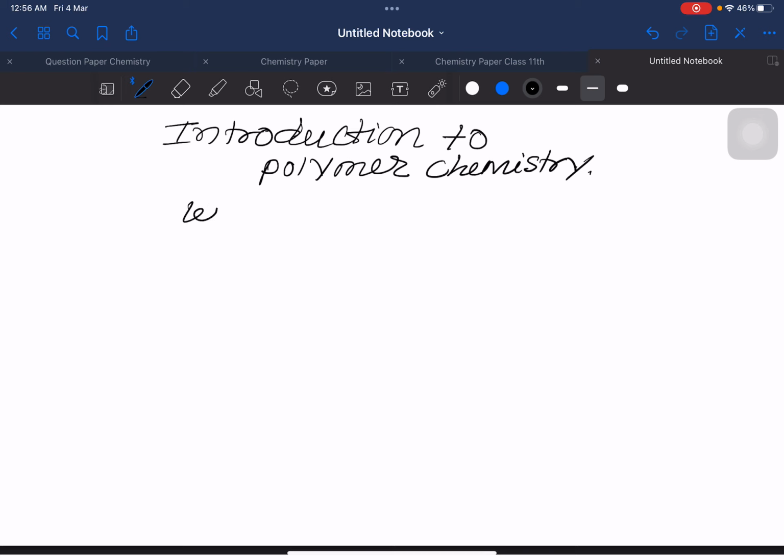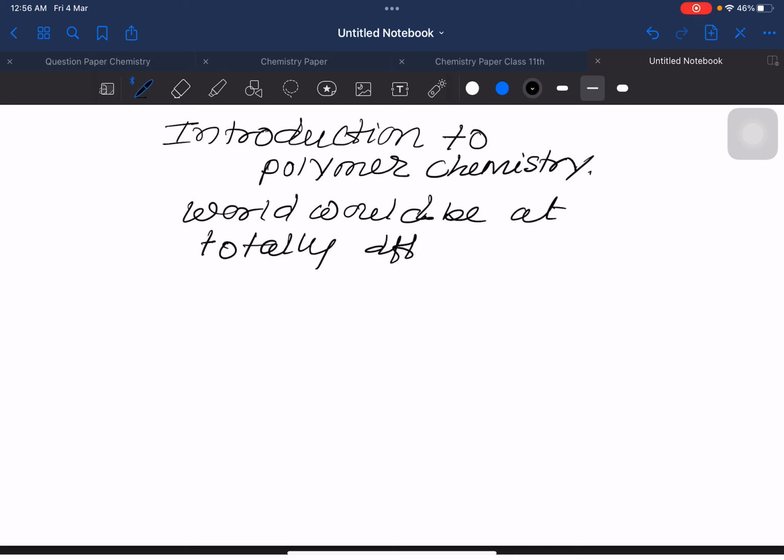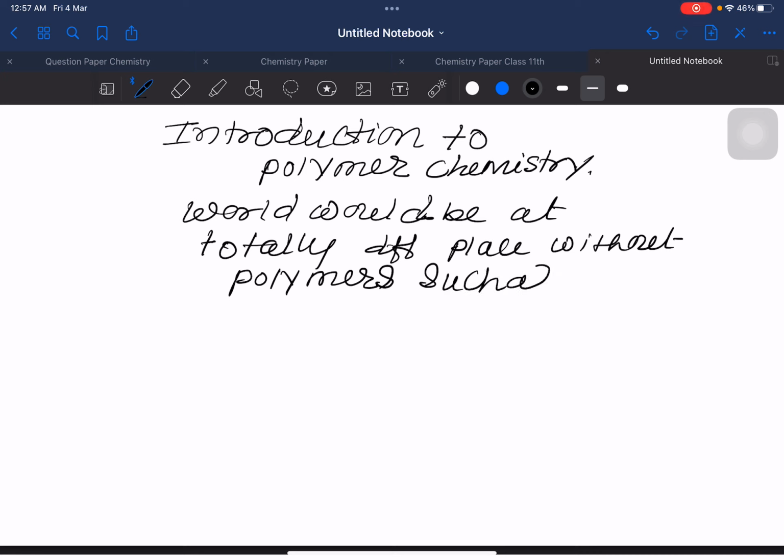The world would be at a totally different place without polymers, such as artificial fibers, plastics and elastomers.